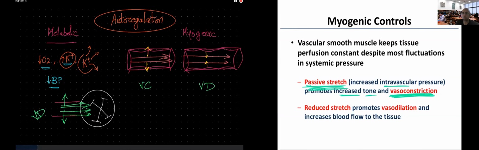This is a localized regulation rather than a generalized regulation. So again, we've got two mechanisms of autoregulation. We've got the metabolic and we've got the myogenic, myogenic regulation.